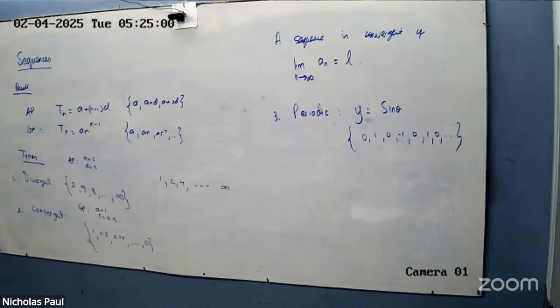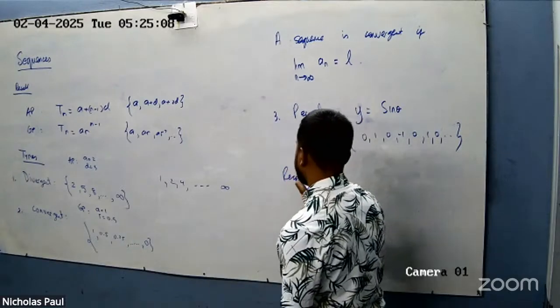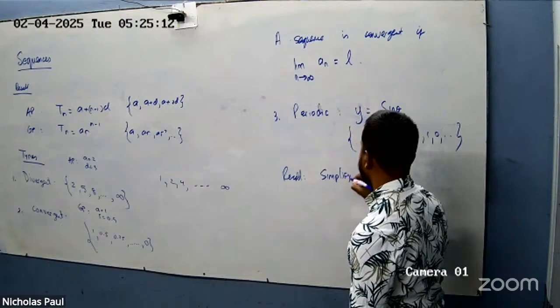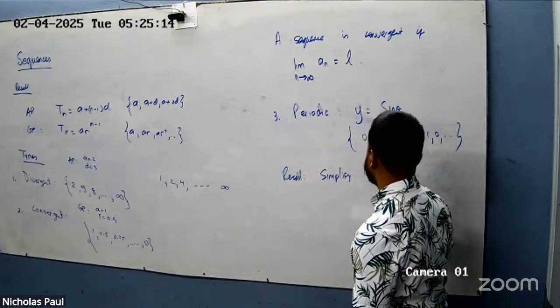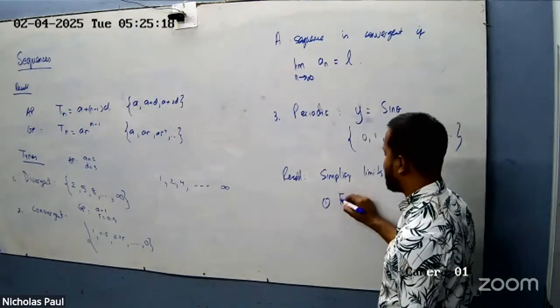Let's recall how to simplify limits. In order for you to simplify limits, you work it out in this order. Number one, the first thing you can do is factorize.